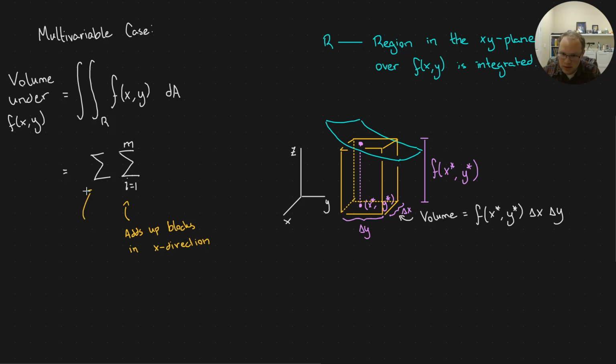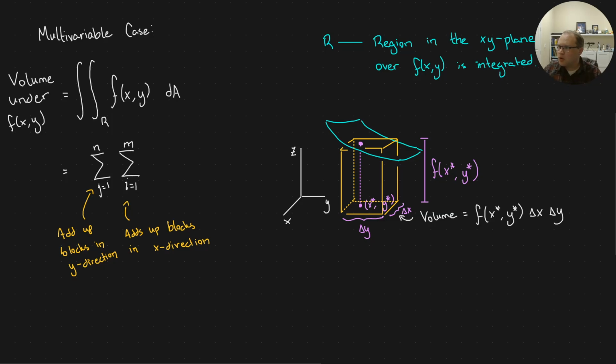And this one here, this sum will go from j equals 1 to n. So there'll be m blocks in the x direction and n blocks in the y direction. This will add up the blocks in the y direction.